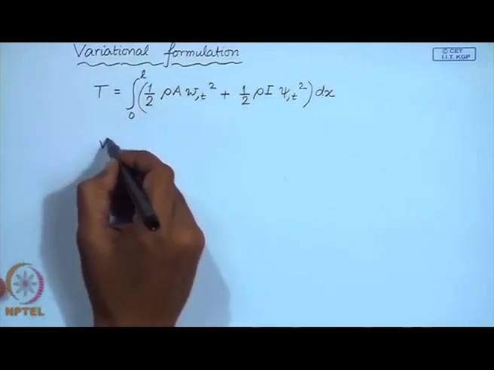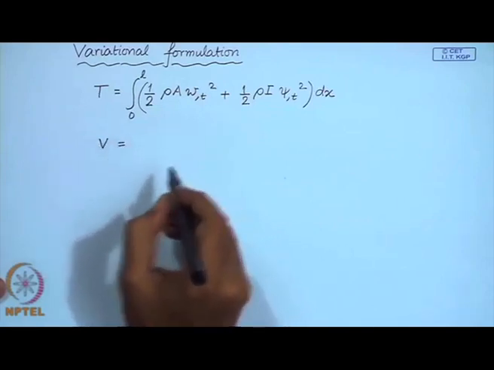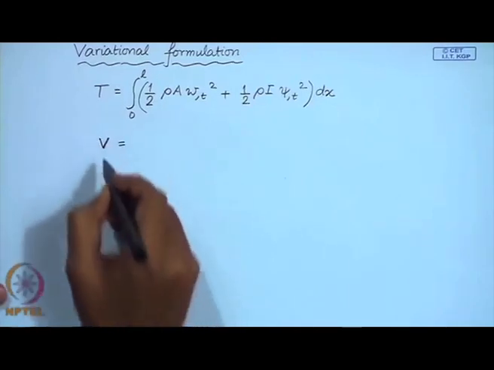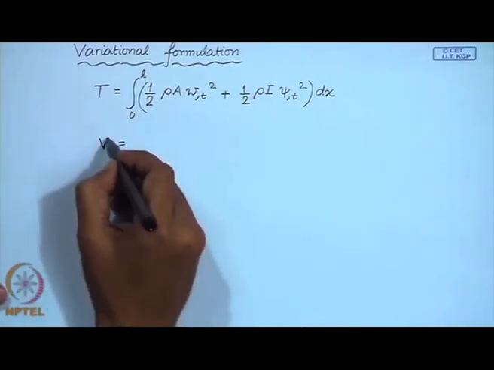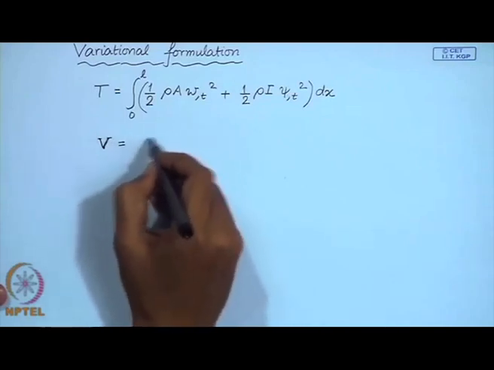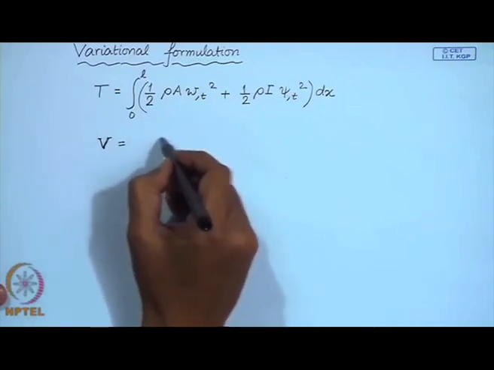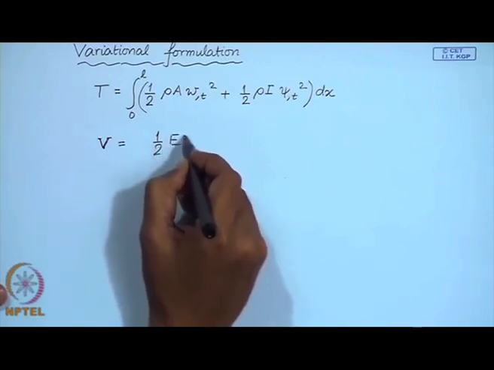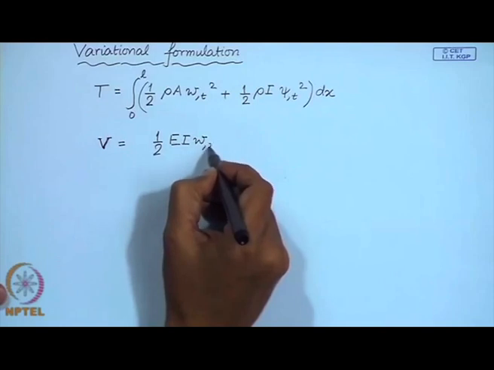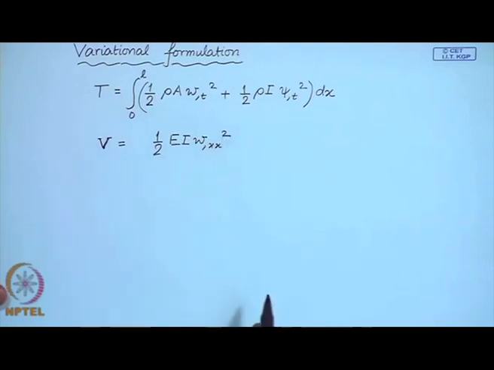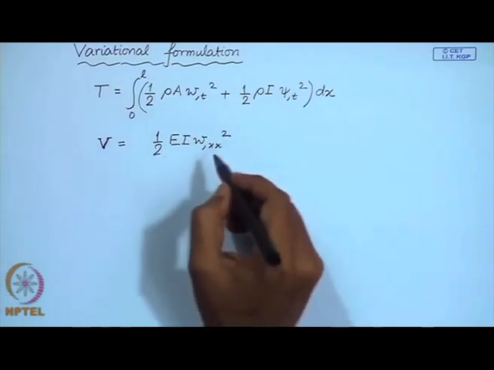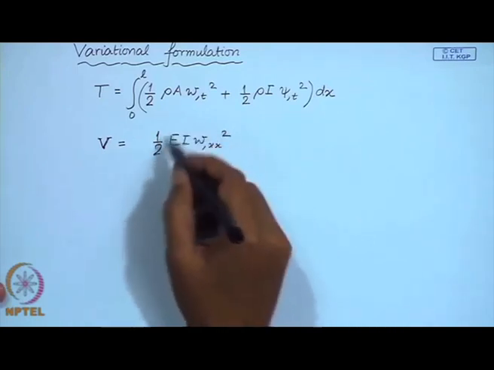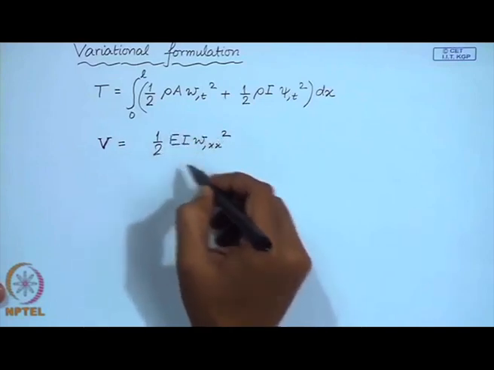Now, the potential energy. Here I am using the same symbol V for potential energy. That is given by 1/2 E I times the second derivative of W with respect to x, squared. This is the potential energy due to flexure.